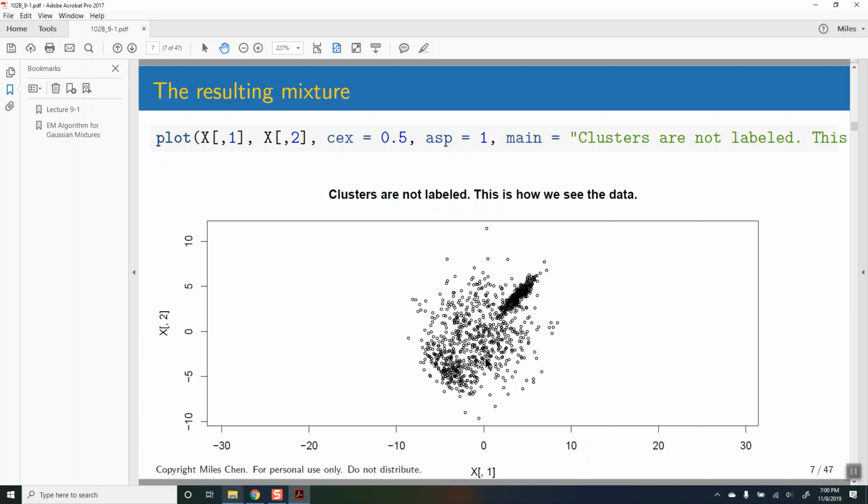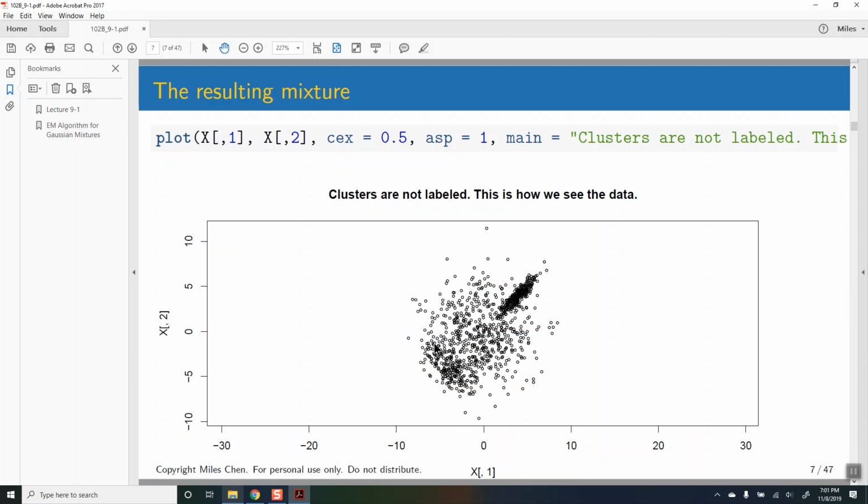So when we look at this, there's a question: let's look at this data point right here. Is this data point part of this thing, or is it part of this thing? We don't know, and the answer is it doesn't matter.